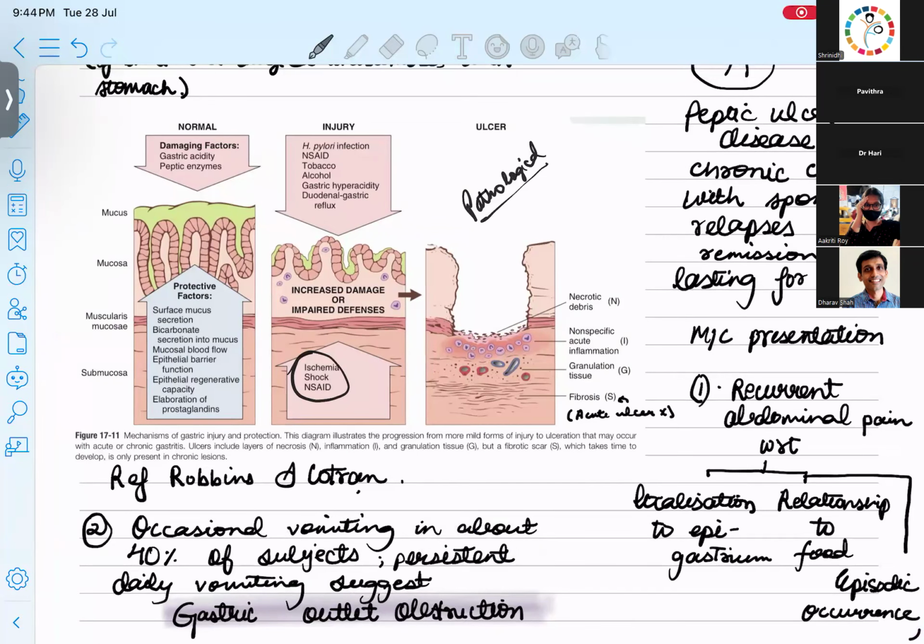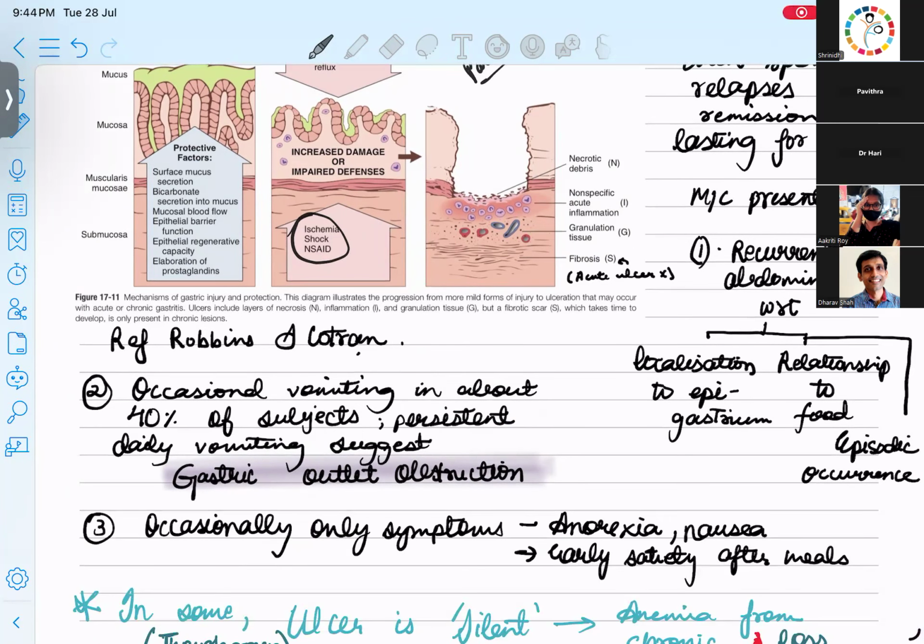Peptic ulcer disease is actually a chronic condition. The patient presents with similar or dissimilar symptoms throughout his or her life, with spontaneous relapses and remissions lasting for decades, even till the natural death of the patient. The most common presentation is recurrent abdominal pain, and we have to describe the abdominal pain with respect to three things.